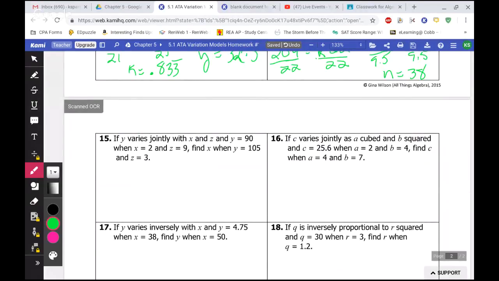All right. So if y varies jointly with x and z, that means you're looking at joint variation. Remember it has 3 of them, like 3 numbers? Yes, that is when there's 3 of them. Good job.